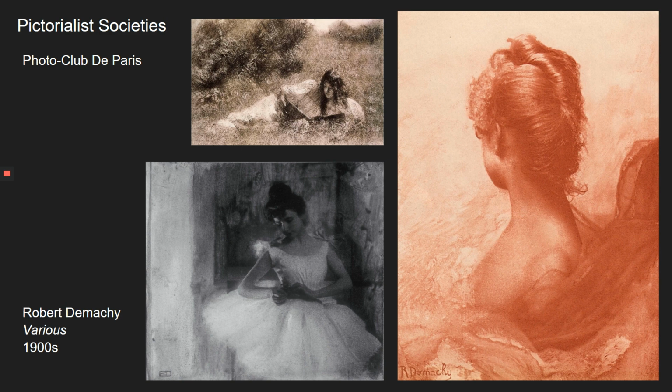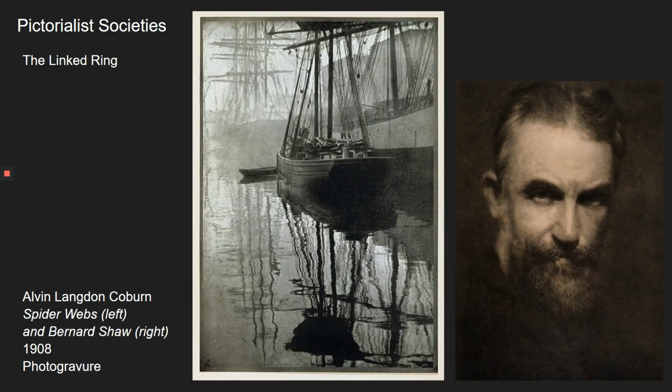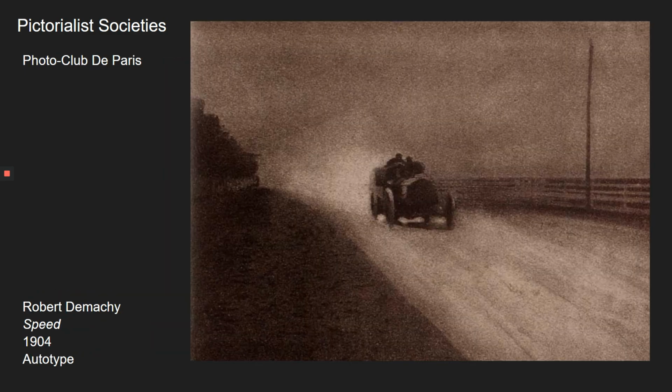So there is a dialogue and there's a back and forth. Coburn's work was shown in Camera Work, which was the Photo Secession publication. So they showed each other's work. They had exhibitions that featured the work from other shows. These clubs were not happening in a vacuum. They were very much in dialogue with one another, right?